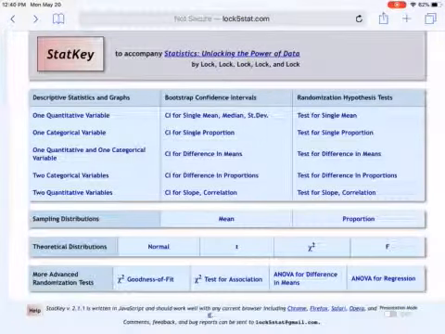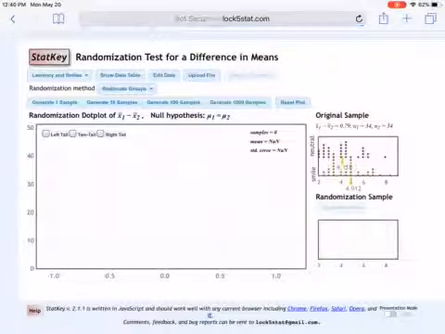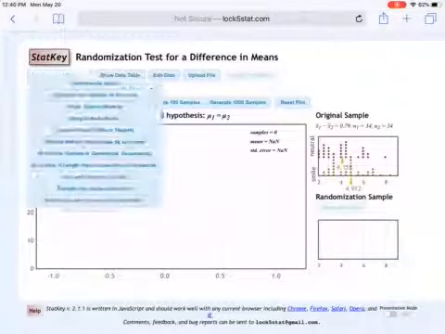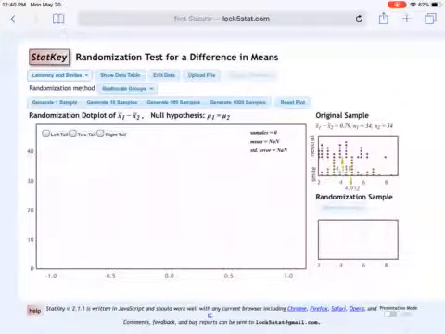If you go to randomization hypothesis tests over on the side and do tests for difference in means, it's the first one that pops up here. There are different data sets built in, but we can just go to the leniency and smiles. If you look over in the corner where it says original sample, you'll see that the neutral group has a mean of 4.118, the smile group 4.912, and above that we have the difference in those two values, which is 0.79.